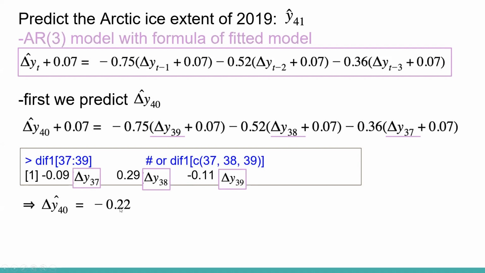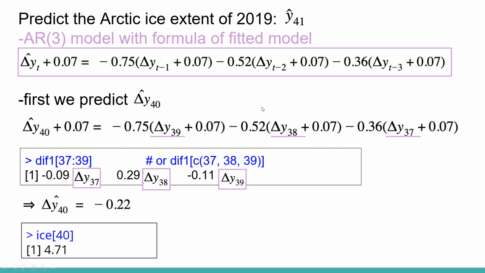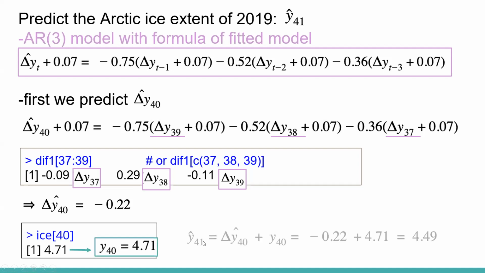Now when you get this, the next thing you're going to do is you need the actual value for 40, because what you want to get is Y41. Don't forget, to get Y41 you need the difference at Y40 and you need the actual Y40.